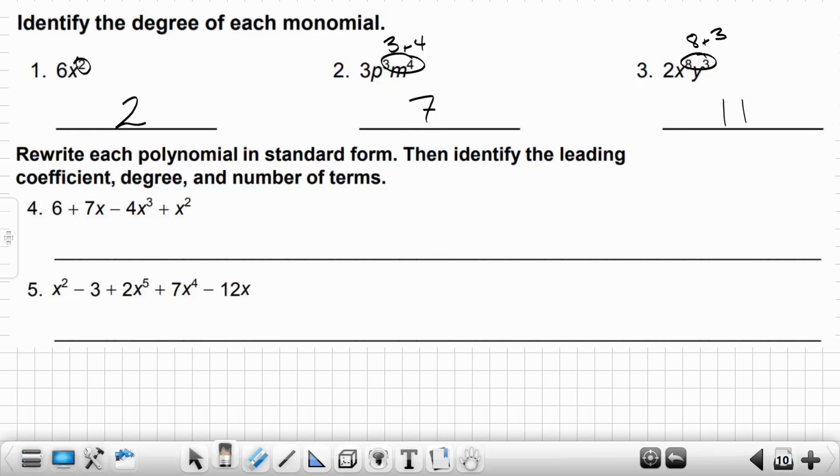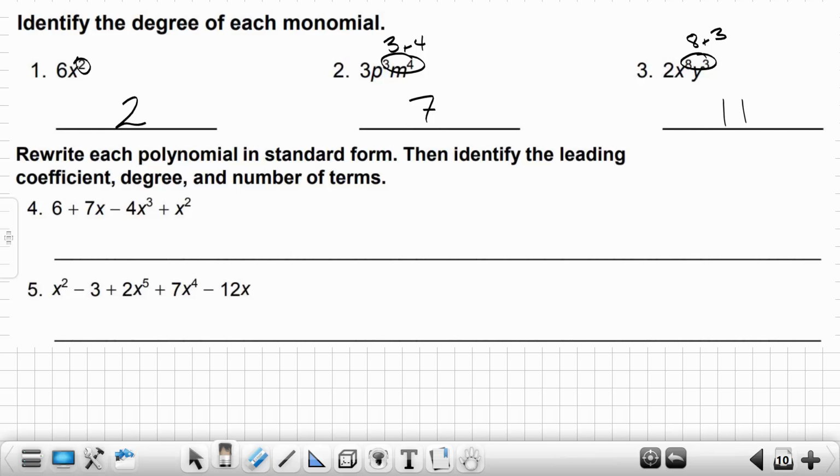We're rewriting in standard form, so we just simply start with the highest degree and move down from there. What's the highest exponent on number 4? 3.